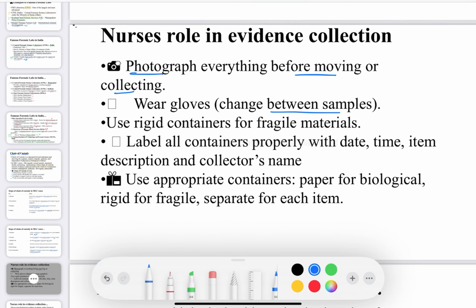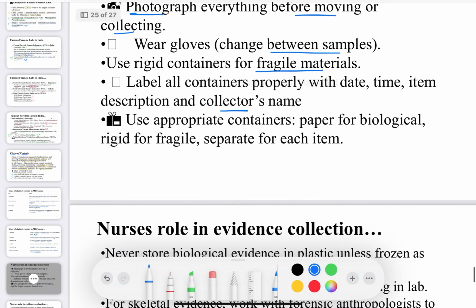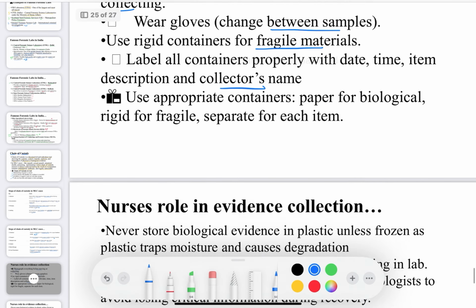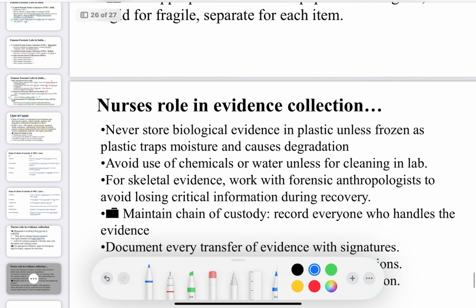Use rigid containers for fragile materials. After that, label all the containers properly with date, time, item description and collector name. Use appropriate containers: paper for biological, rigid for fragile, and separate for each item. Never store biological evidence in plastic unless frozen, as plastic traps moisture and causes degradation.